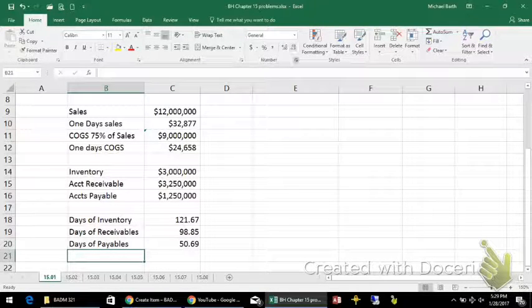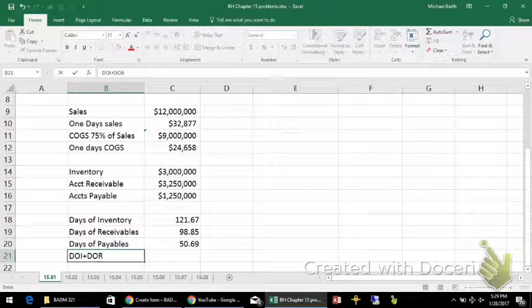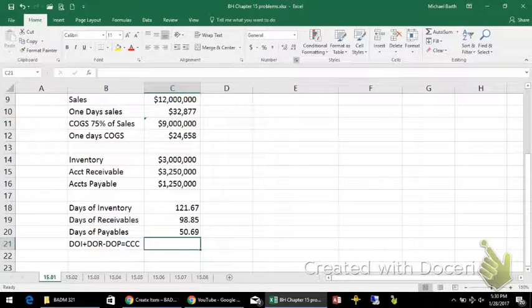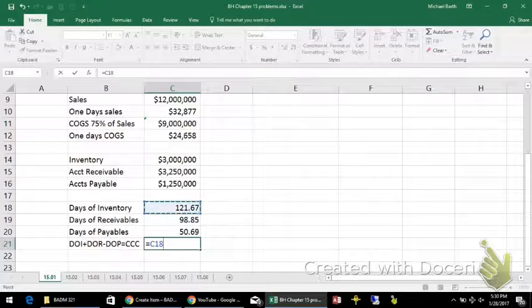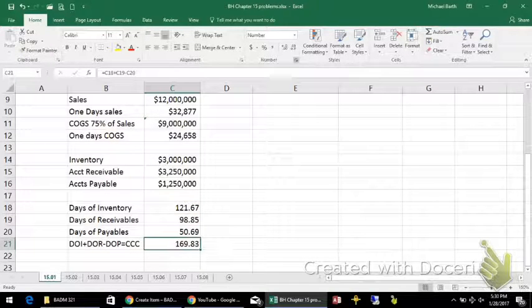If I take the days of inventory plus days of receivables minus days of payables, that's the cash conversion cycle. So that number plus that number minus that number gives a cash conversion cycle of around 170 days. So that's the first answer we're coming up with.